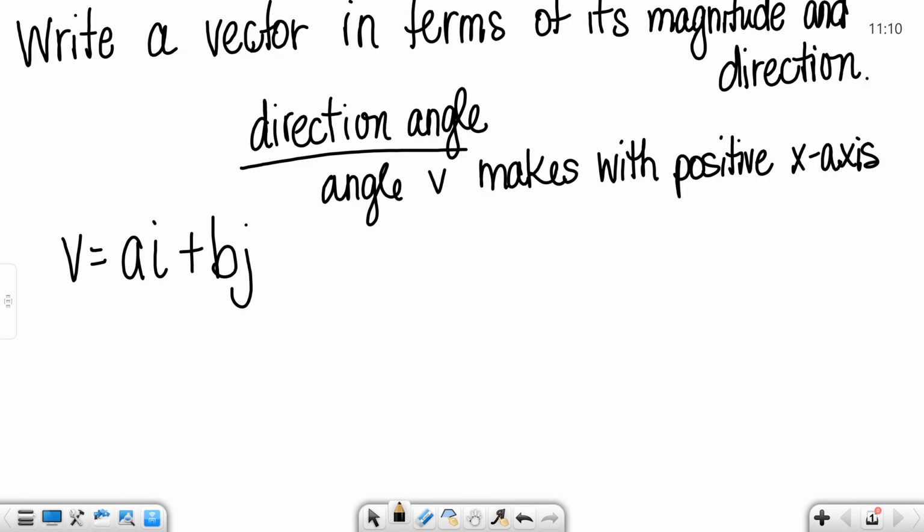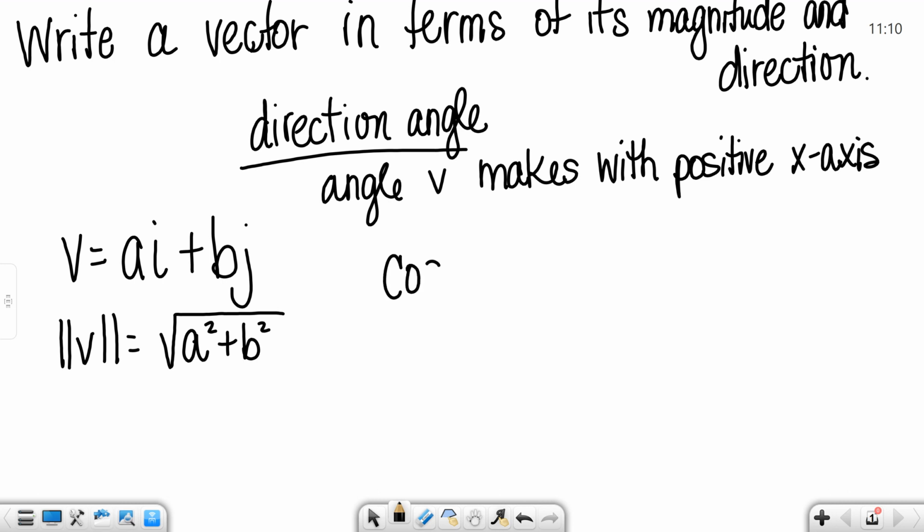Well, I already know how to find the magnitude. That is not new, so I know how to do that part. What I don't know how to do is find that direction angle. So we're going to use this little piece of information.